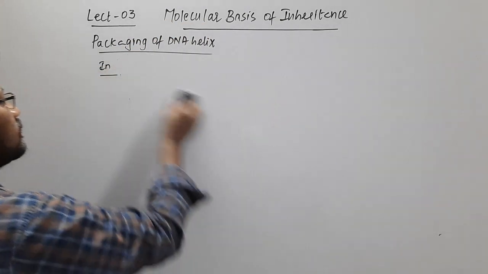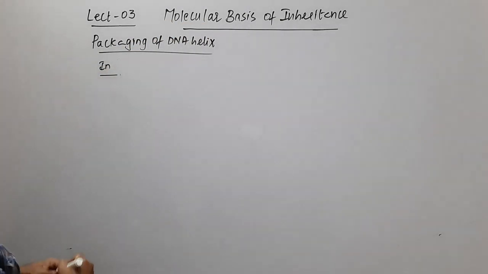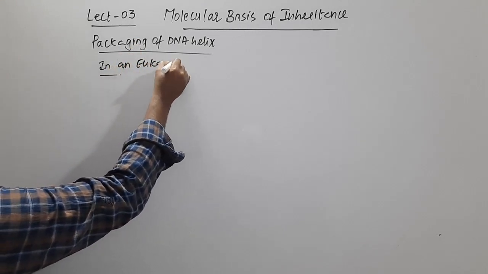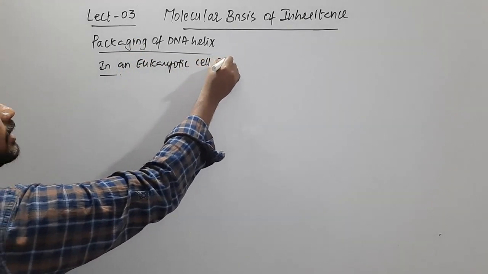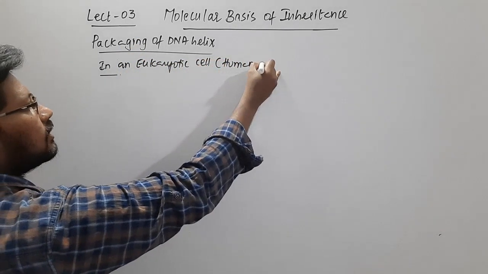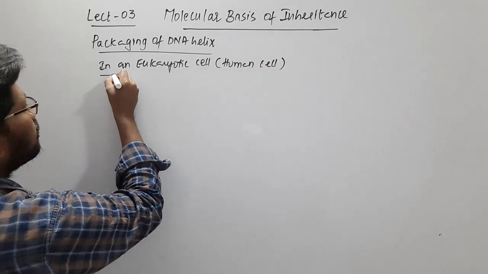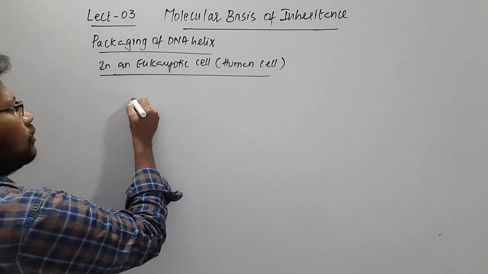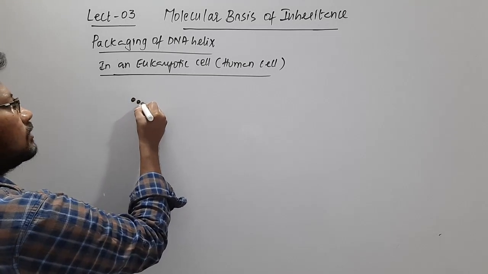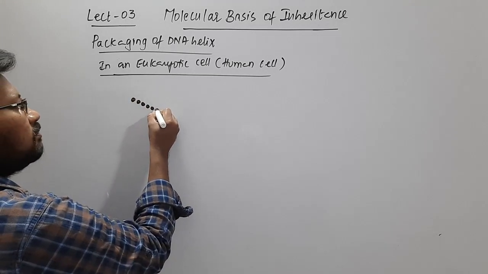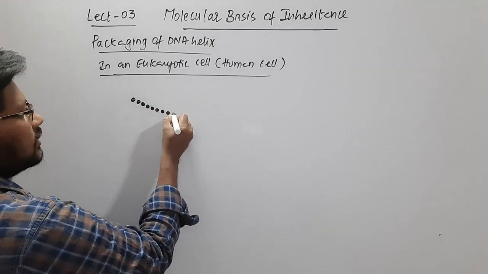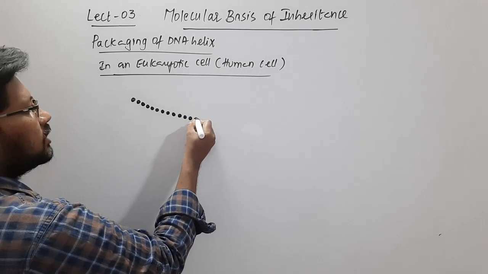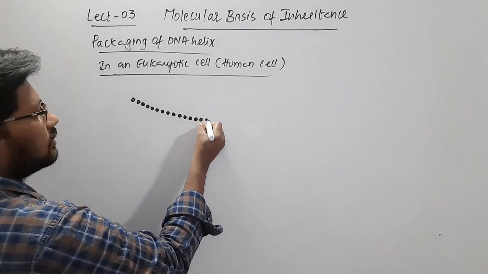Now let's see the case of a eukaryotic cell. Here I will be mostly referring to the human cell. And I told you earlier that we have seen some bead-like structures when we have taken the electron microscope picture of a eukaryotic nucleus.